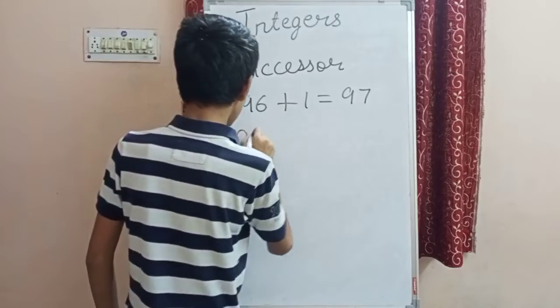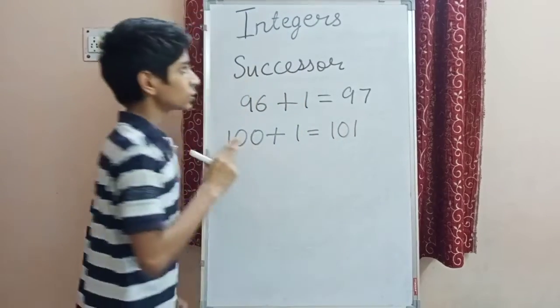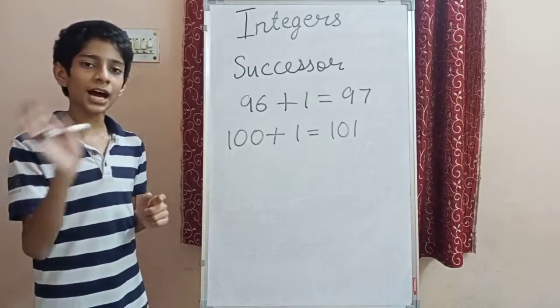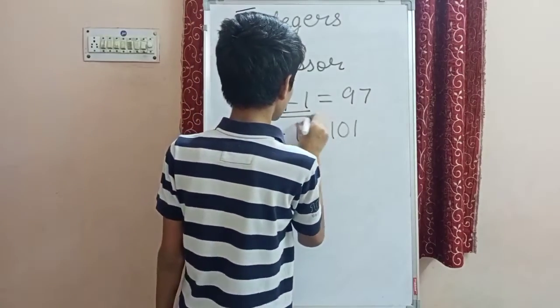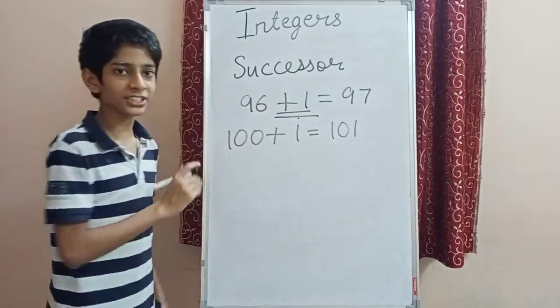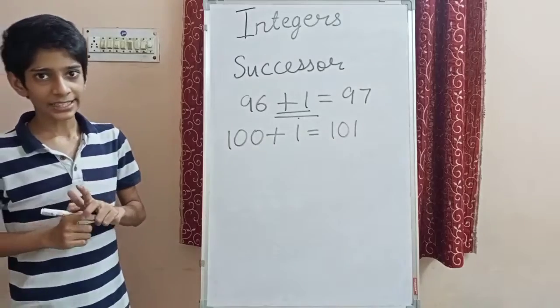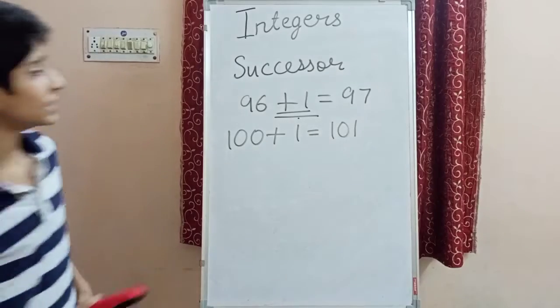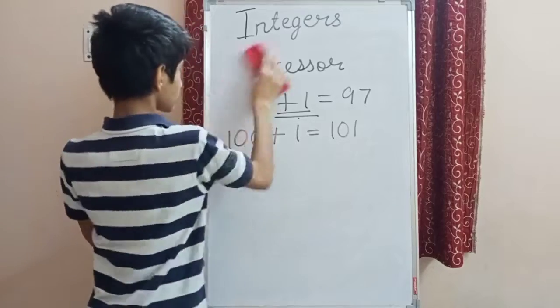If there is 100, then plus 1 in it becomes 101. So successor means the plus 1 in any given integer, and predecessor means the minus 1 in any given integer.